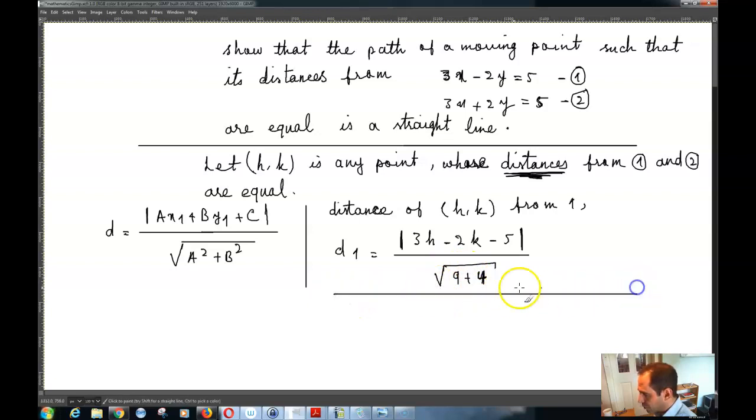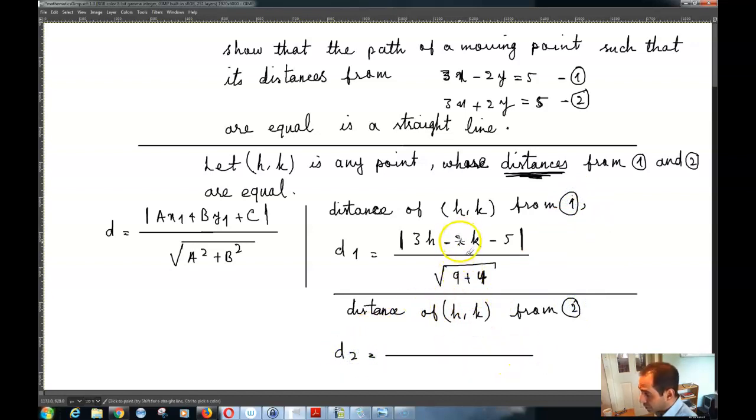And also you can calculate the distance of h comma k from the second line, or from 2, and that would be, for example, d2, which would be the same thing.